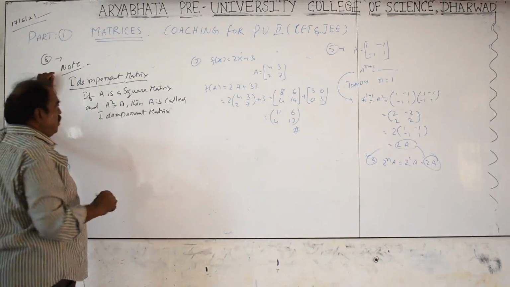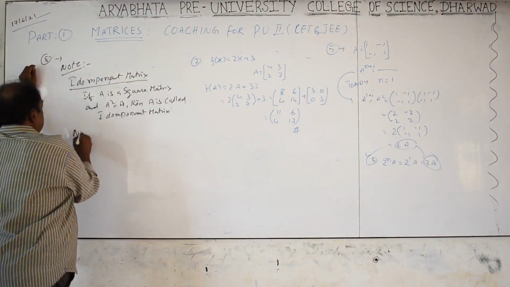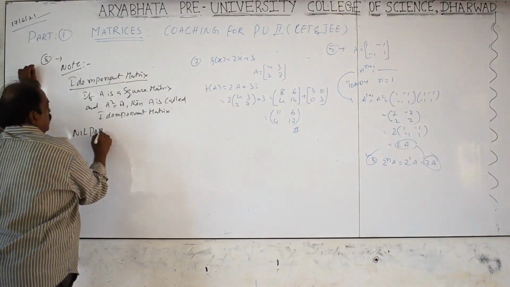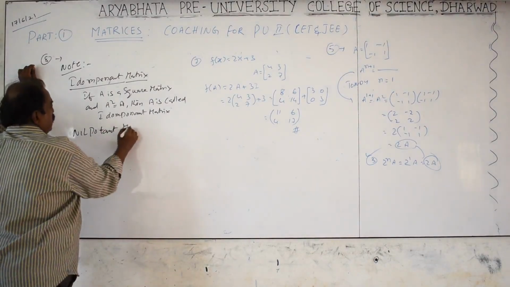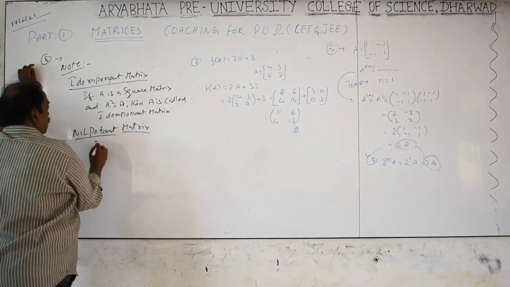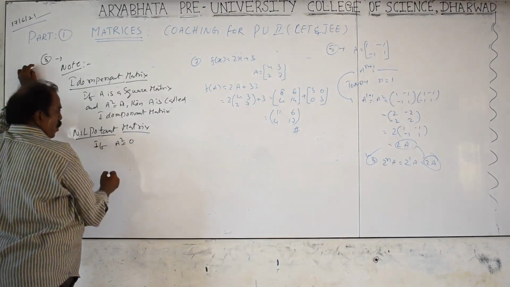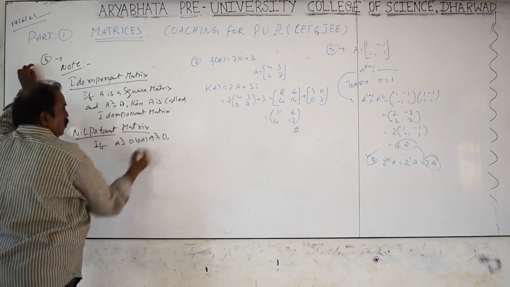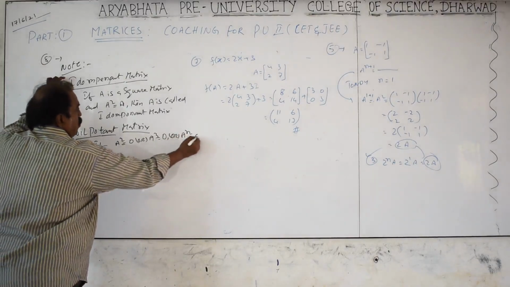Okay, now you remember it. Here only I want to tell: nilpotent matrix. Nilpotent matrix means if A square is equal to 0, or A cube is equal to a null matrix 0, or A power n is equal to 0.